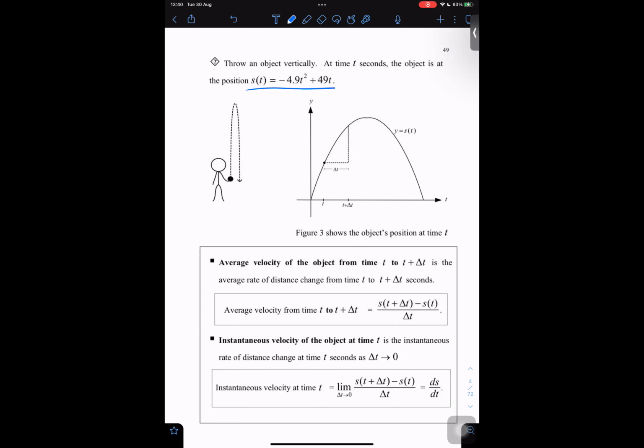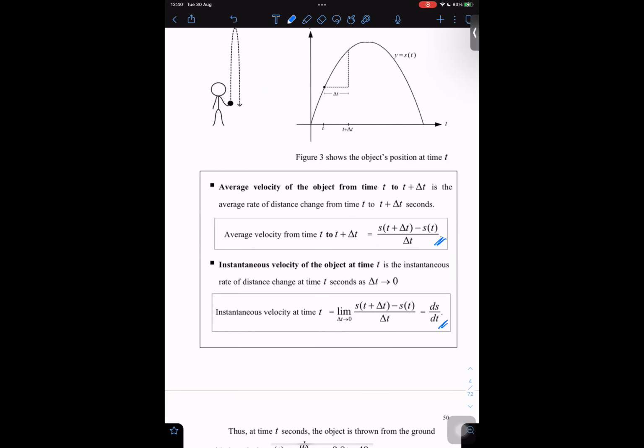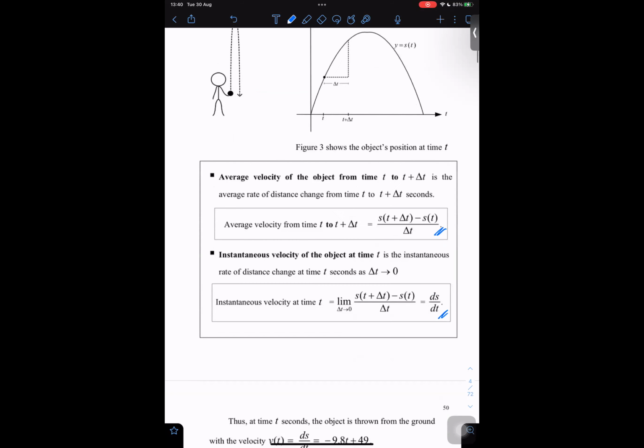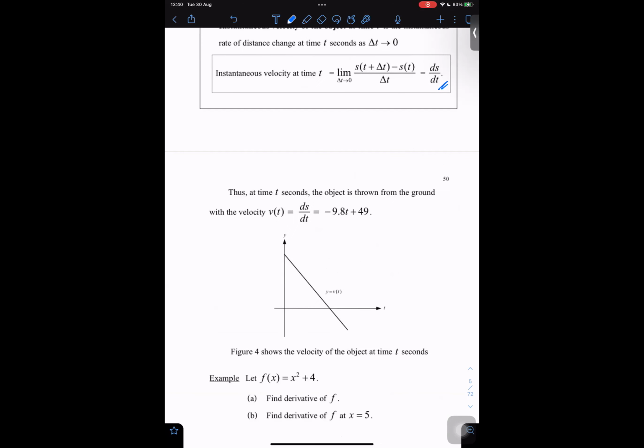If you want just the average velocity, you can use this formula, so you don't need to take the limit. If you want the instantaneous velocity, you take the derivative, you put in the limit. So the velocity of the object can be described by this equation.